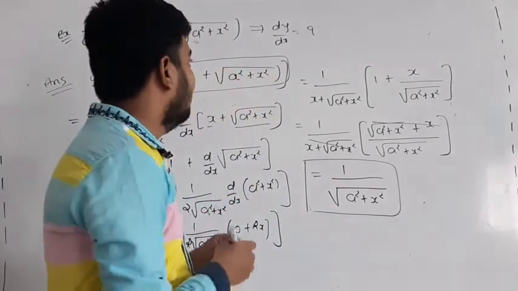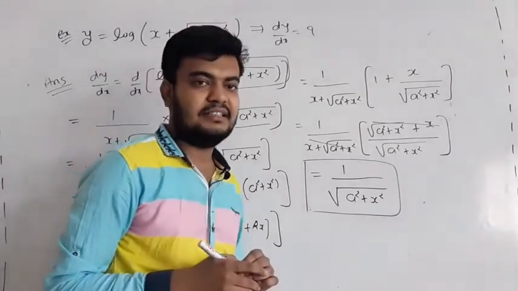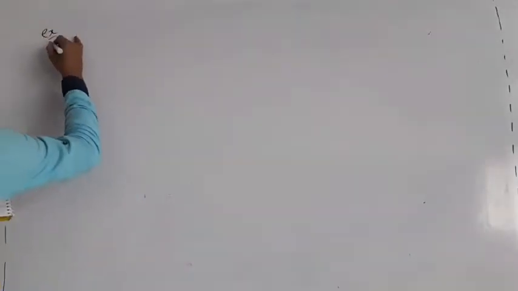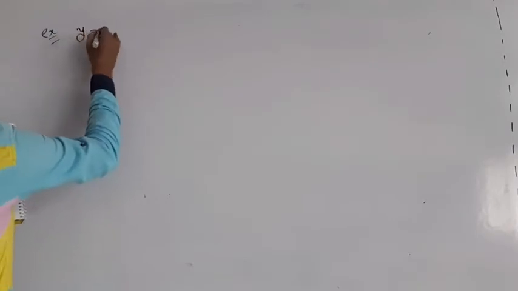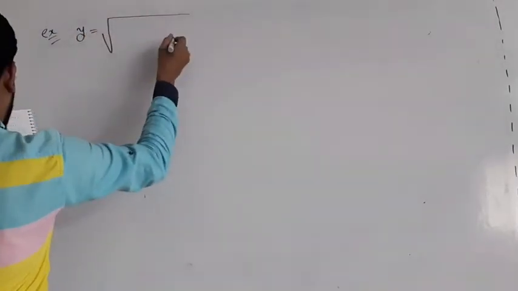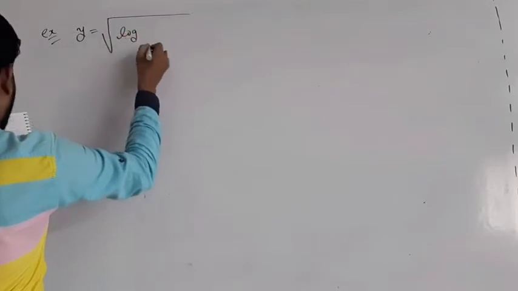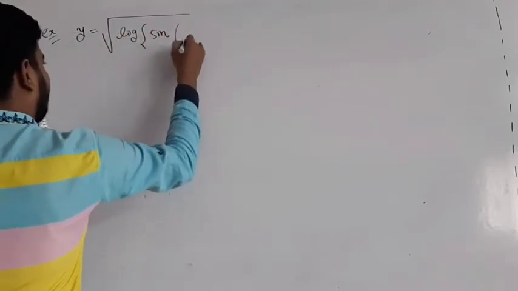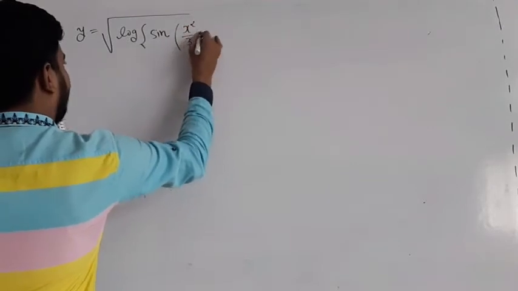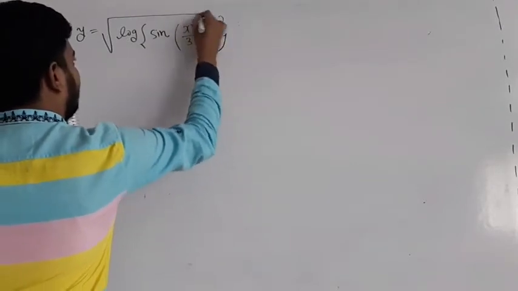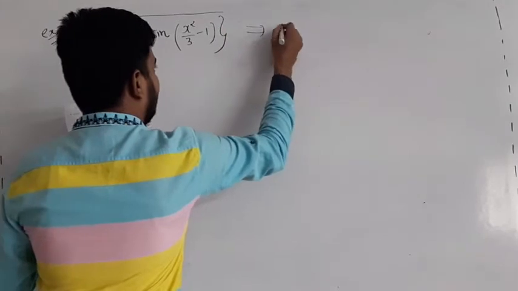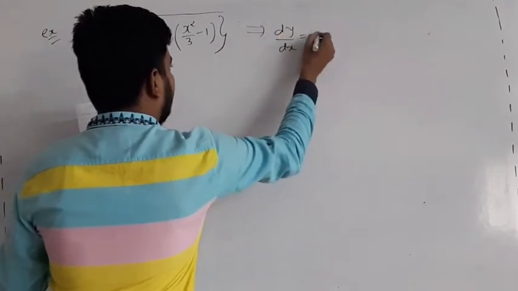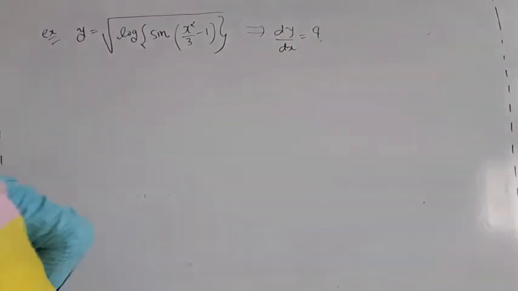Okay beta. Now taking next example. So next example is y is equal to root of log of sine of x square by 3 minus 1, and find dy by dx.